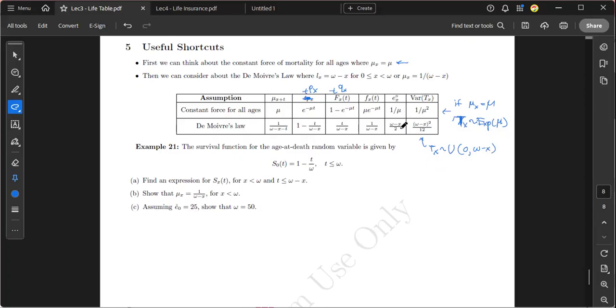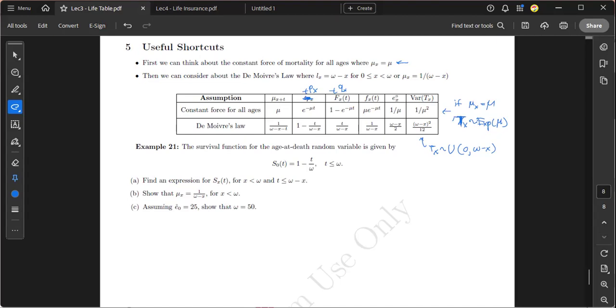Now you can see that the expectation is this plus this divided by 2, and the variance is this minus this squared, divided by 12. So it's easy to work under these two assumptions, because Tx follows an exponential with mu when it is constant force of mortality, and if it is a uniform distribution of death, that means Tx is uniform like this.